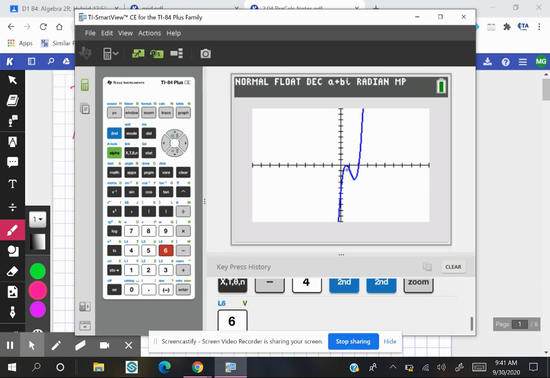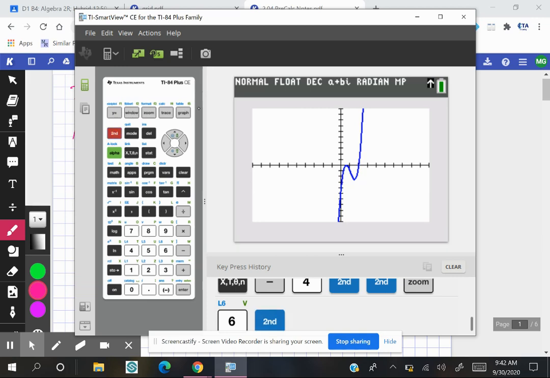We can see that it looks like it's hitting the x-axis here where it's tangent to the x-axis. So it would have an even multiplicity. And here where it's crossing through the x-axis, it would have an odd multiplicity. I want to find one of those numbers. So this one looks like it hits a little bit before the 1. So this one looks like it might be at 2.